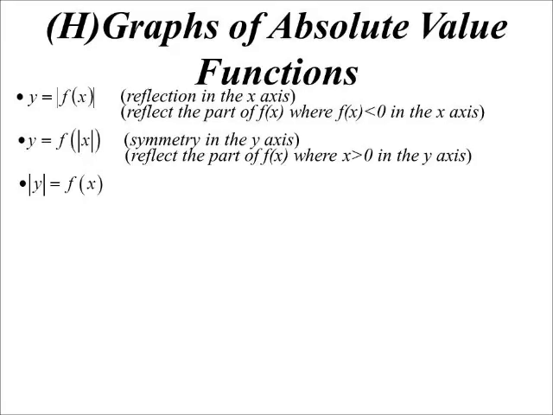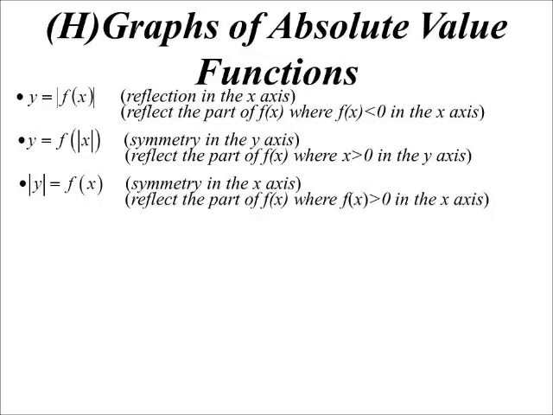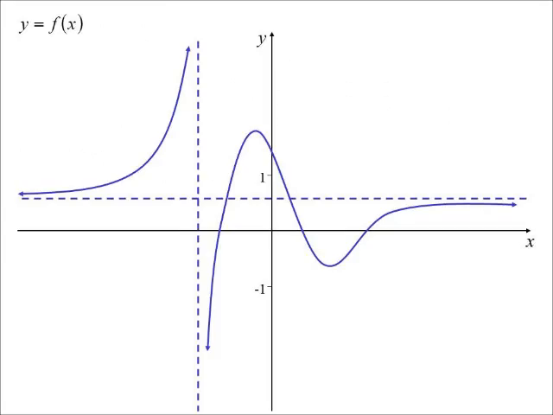Okay. Absolute value of y is equal to function x. This also has symmetry in the x-axis, but this time we don't flip the below because we can't get... well, let's do it. We reflect the part where the function x is positive. So in other words, where it is above the axis gets reflected below. Let's put it in. We're saying absolute value of y is equal to function x.